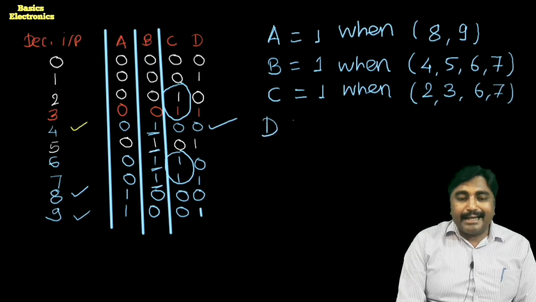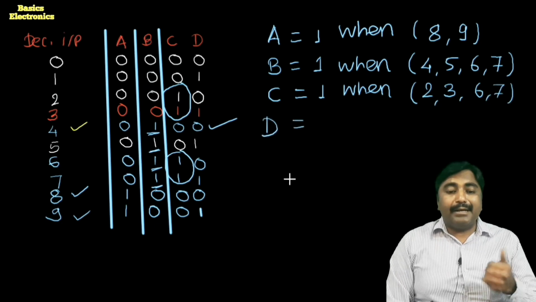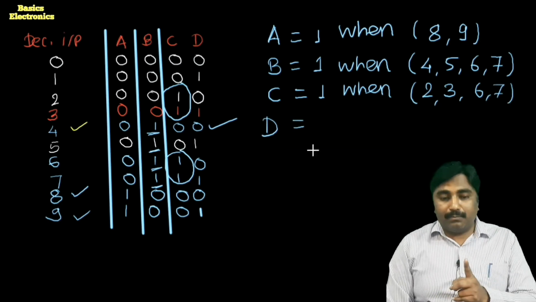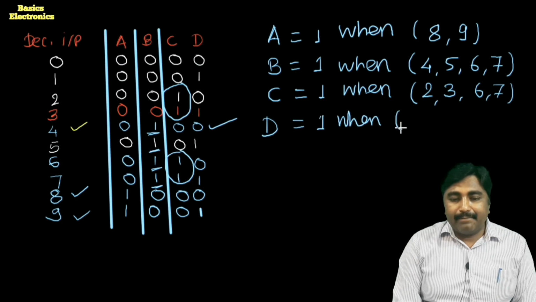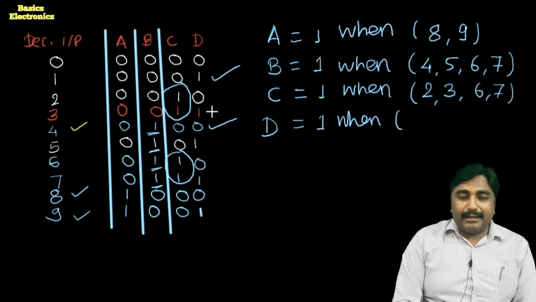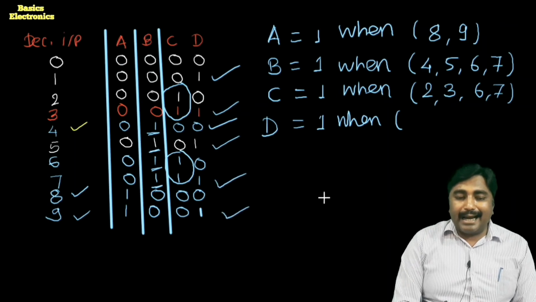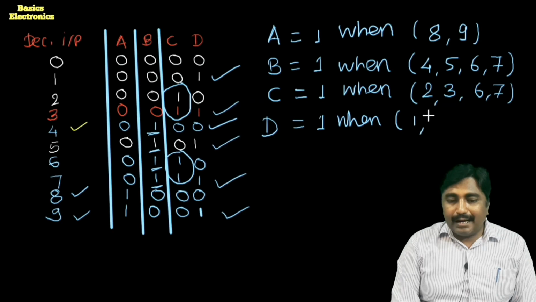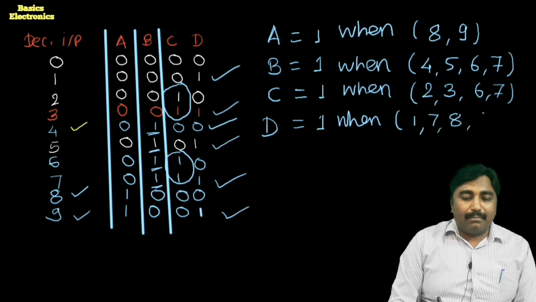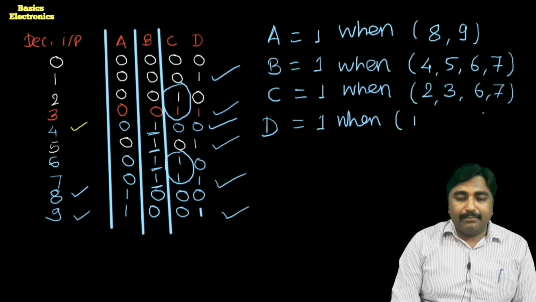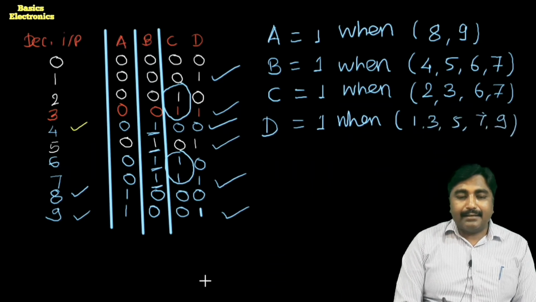Okay, the gate which has the output D, the LS bit output. D is equal to 1 when the 1 number is pressed, 3 number is pressed, 5 number is pressed, 7 number is pressed and the 9 number is pressed. Okay, 1, 3, 5, 7 and the last one is 9.